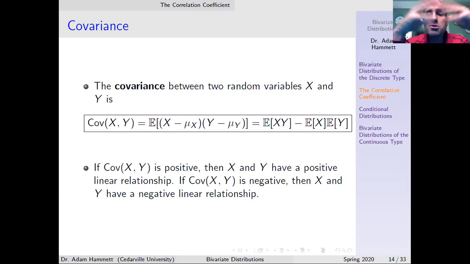And by the way, if you multiply all that out and you push the expectations through, just like we did in the case of variance, it turns out that the thing will simplify and you'll end up with the expected value of XY. There it is. That's why I was kind of making a big deal about computing that in the last example. The expected value of XY minus the expected value of X times the expected value of Y. Now let me point this out, but it's going to come up again in about another slide.